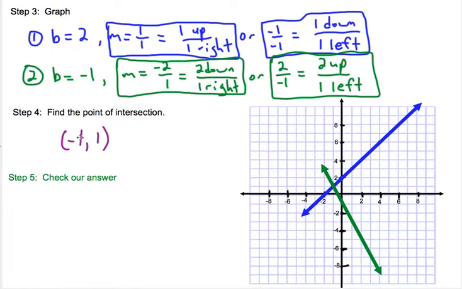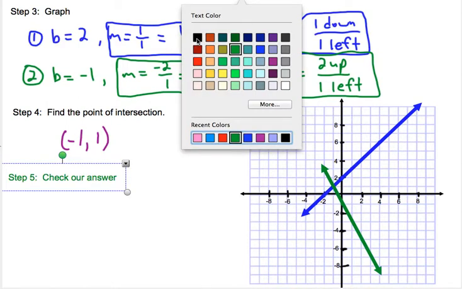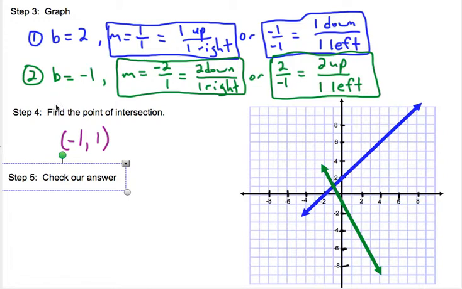Change this to the right color. It needs to be black. Okay. So getting our original equations, which were y equals x plus 2, that was the blue one, and the green one was y equals negative 2x minus 1.